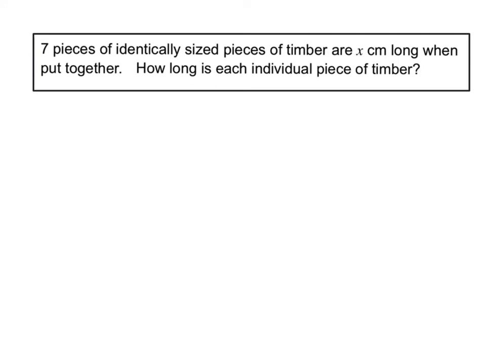7 pieces of identically sized pieces of timber are x centimetres long when put together. How long is each individual piece of timber? Okay. Let's just do a number example. I'm going to pick a number that's different to 5. I'm going to pick 10 now, because it doesn't matter what number we pick. So 7 pieces of identically sized pieces of timber. So I'm going to draw those in a bar.